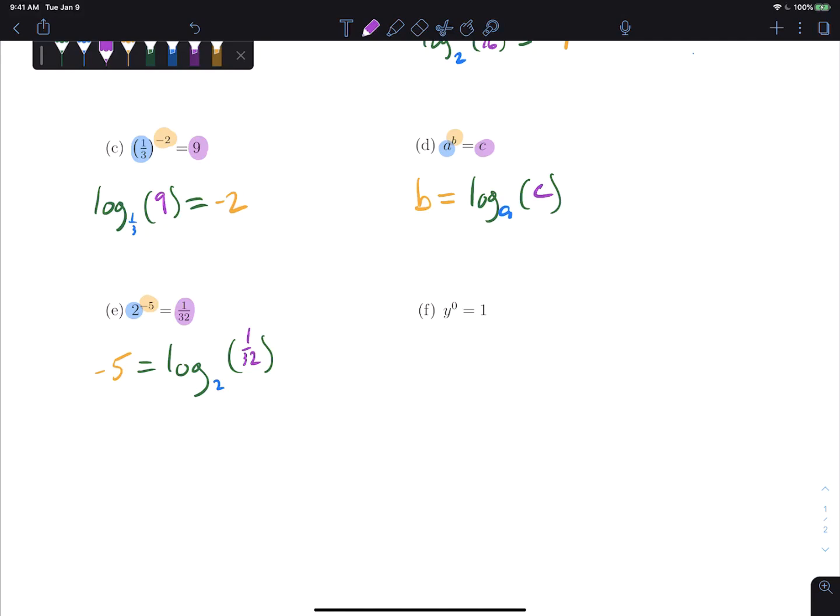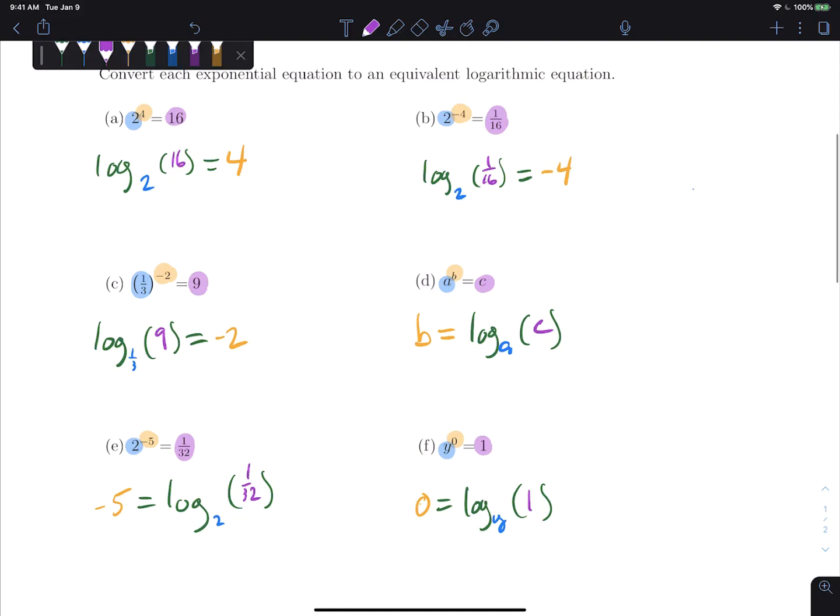And now for F. Again, we can still begin with the exponent, so let's begin with the exponent 0. So 0 equals the log base y of 1. And that's pretty much it there.